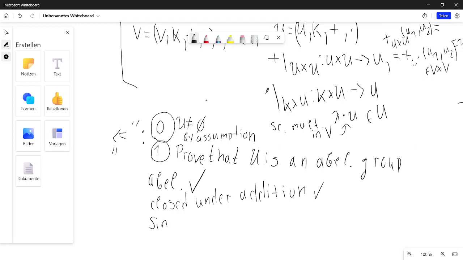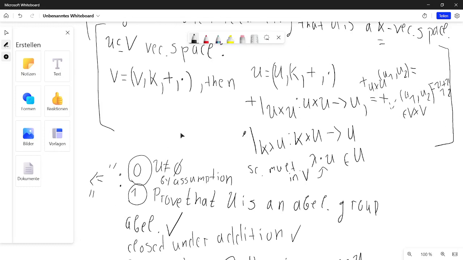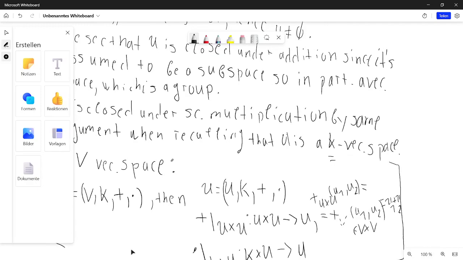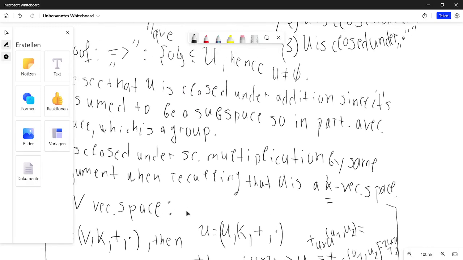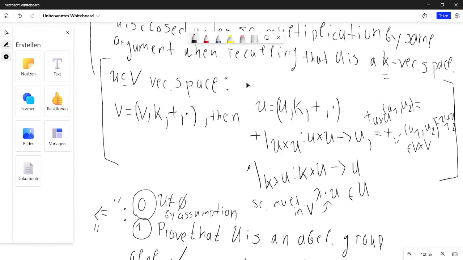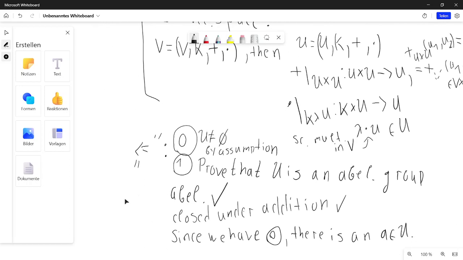Since we have 0, there is an element of U. Then above we have the assumption 3: U is closed under scalar multiplication.